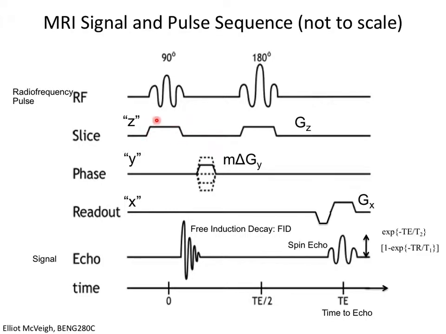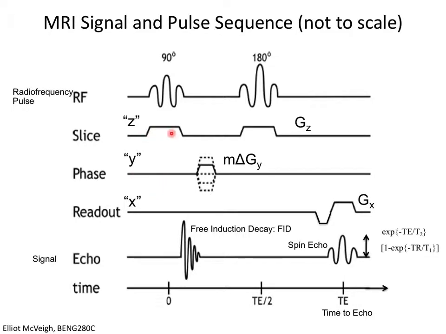If I just pulse this gradient, then my slice is in Z, a plane perpendicular to the Z direction. If, on the other hand, I kept this gradient off and pulsed the Y gradient during the RF, I would get a plane perpendicular to Y, and so I would get a coronal shot through the patient just by changing which gradient I have on here.